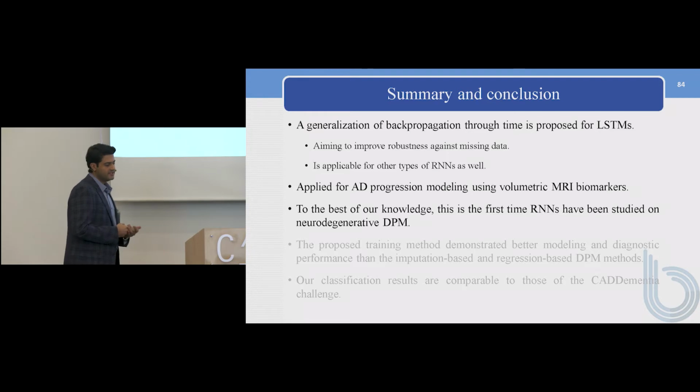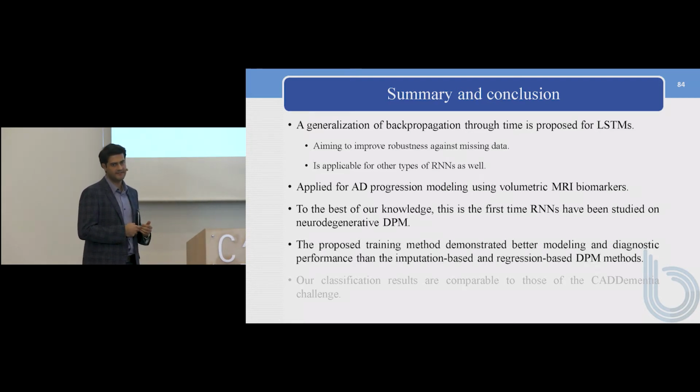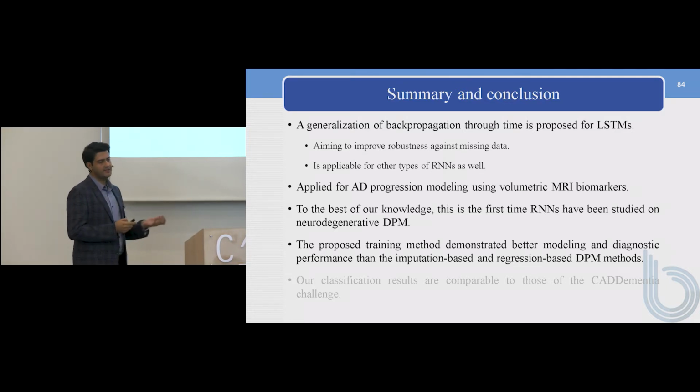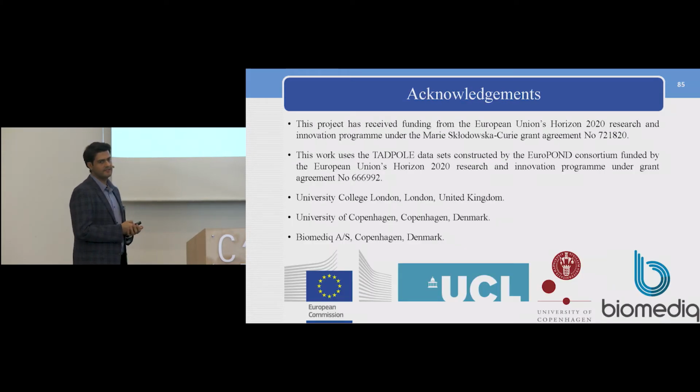To the best of our knowledge, this was the first time RNNs have been studied for neurodegenerative disease progression modeling, and the proposed training method demonstrated better modeling and diagnostic performance than both imputation-based and regression-based methods. And the classification results are comparable to those of the CADDementia challenge.